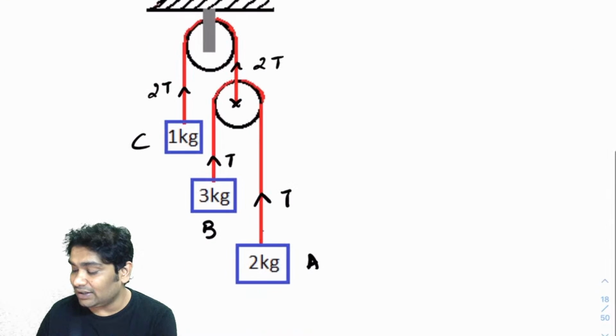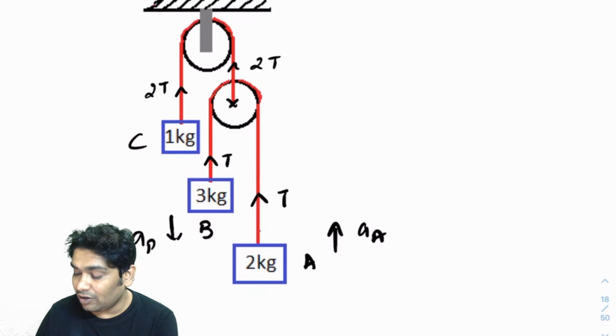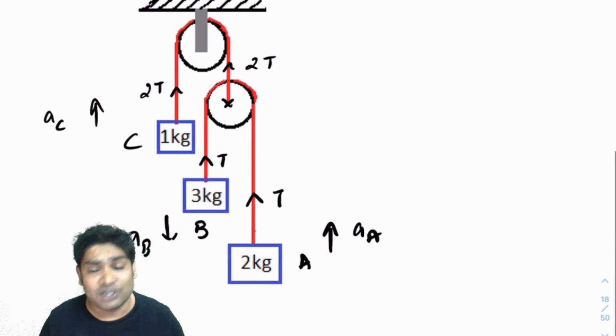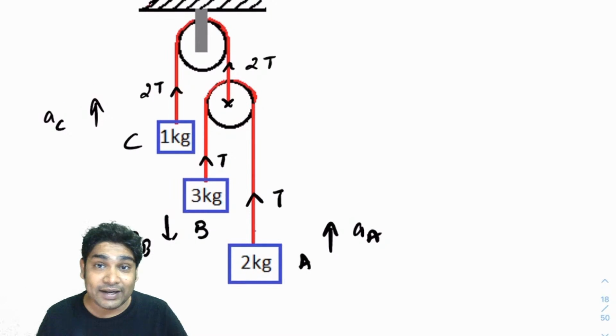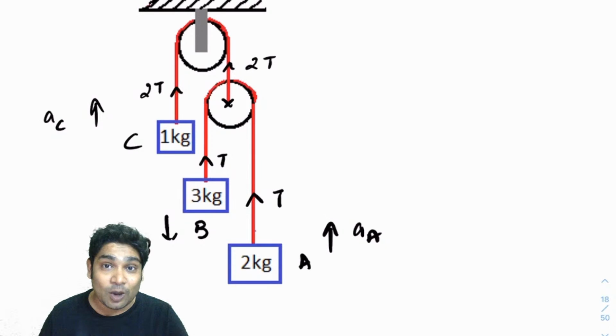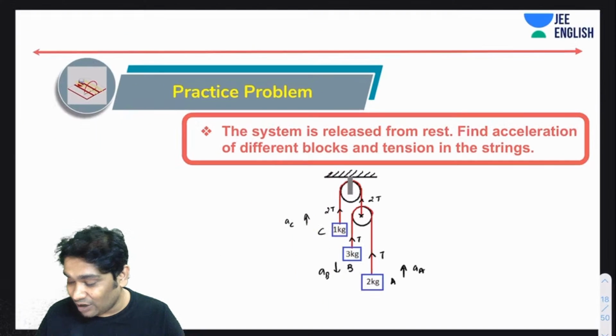I'm assuming that this is going up by a_A, this is going down by a_B, and let's assume this is going up by a_C. These are the directions I'm assuming. I can assume any direction, by the way. Even if I have assumed the wrong direction, I will get a negative answer, which would mean the acceleration is in the opposite direction of what I assumed.